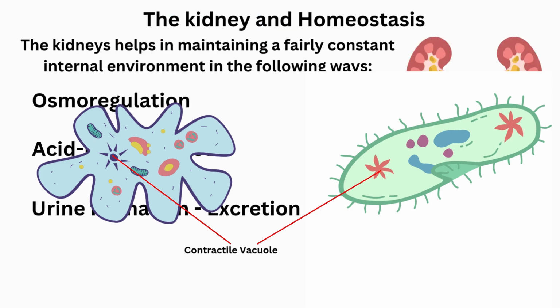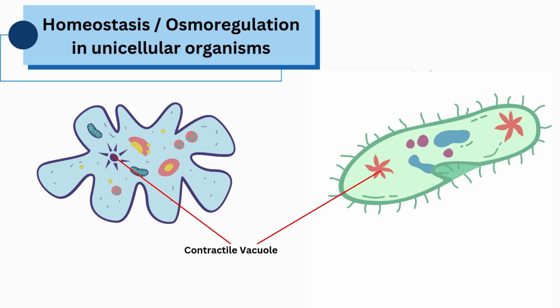Hence, water enters them by osmosis into the cytoplasm and then into the contractile vacuole. In order to prevent the cell from becoming over-turgid and bursting, the contractile vacuole discharges its contents from time to time, thereby maintaining water balance within the organism.